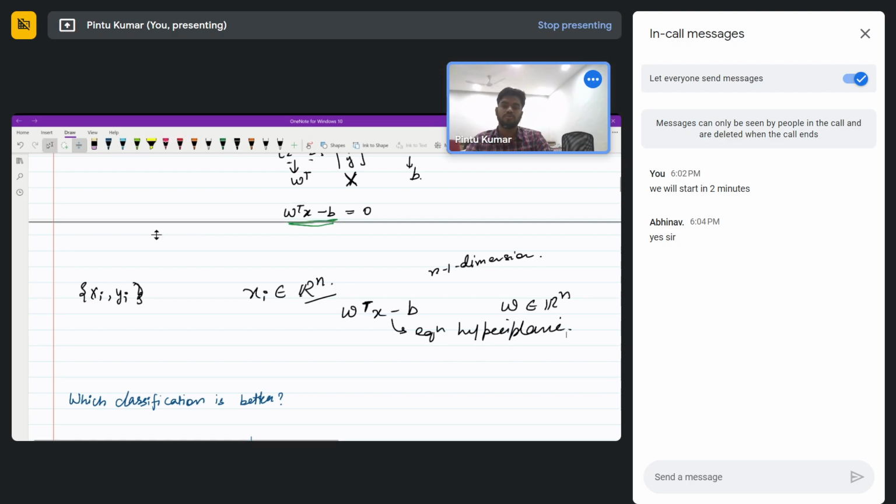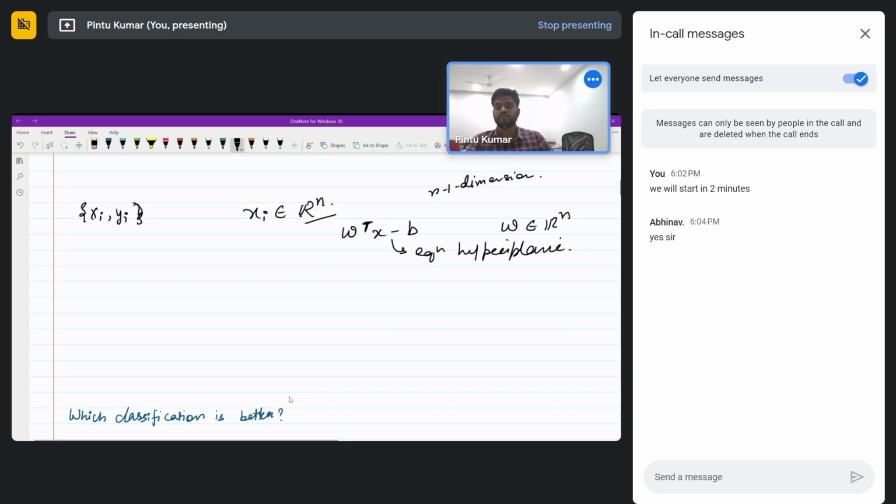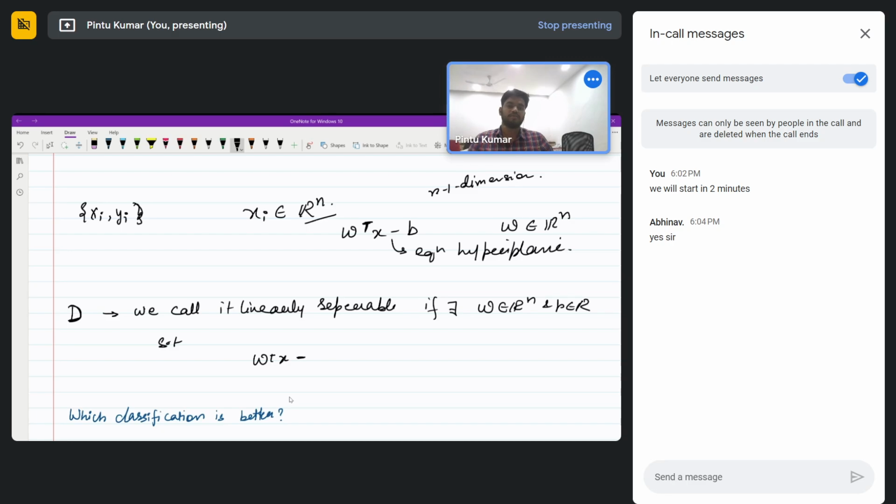Now let's say you have some data set D. Now we will call it linearly separable if there exists W belonging to Rn and B belonging to R such that W transpose Xi minus B is greater than or equal to 0 whenever your Yi is equal to 1, and W transpose Xi minus B is less than or equal to 0 whenever your Yi is minus 1.